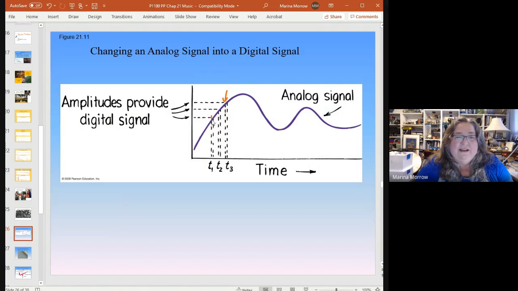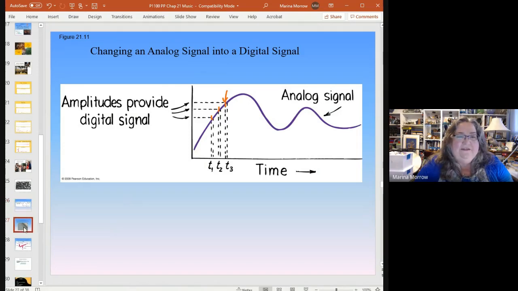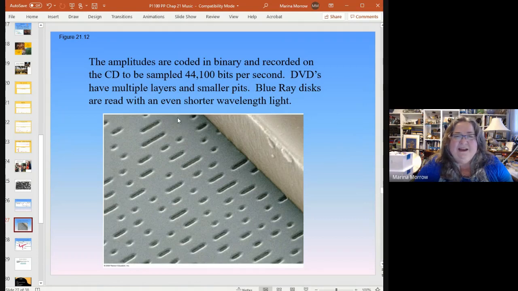You want them close together so that it's very much like the analog signal. Those are then recorded onto a CD with grooves and pits, and they can be read with a laser, which is reflected into those.